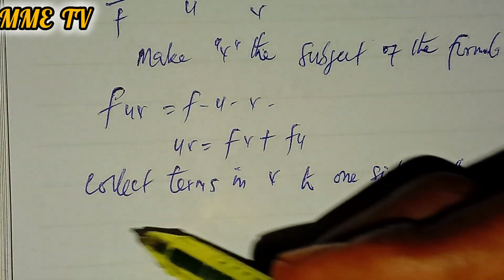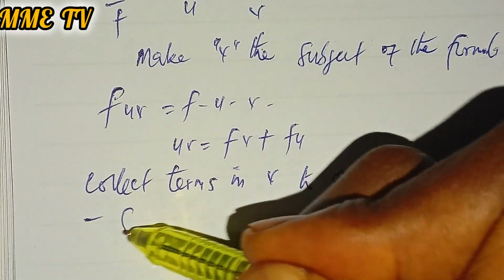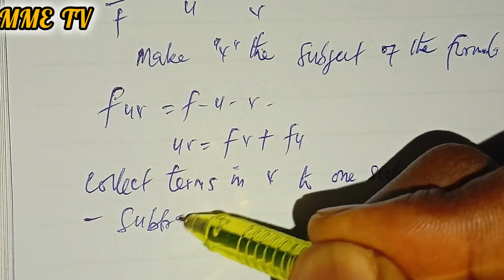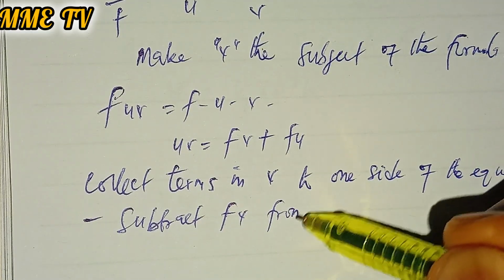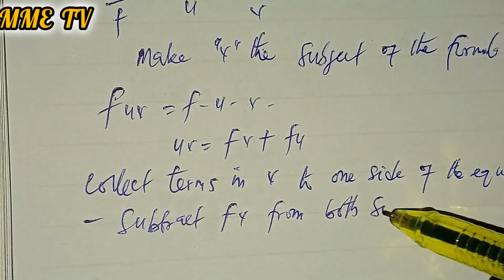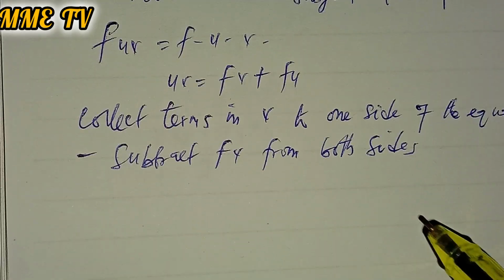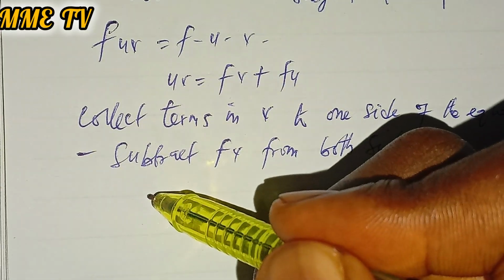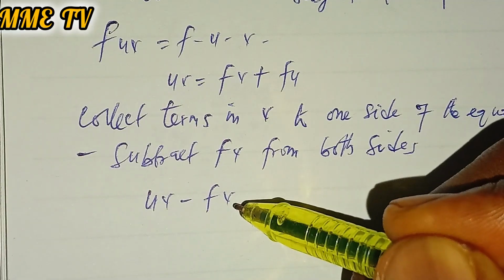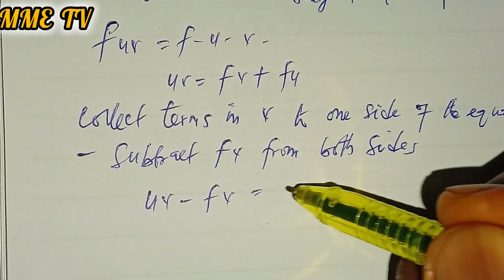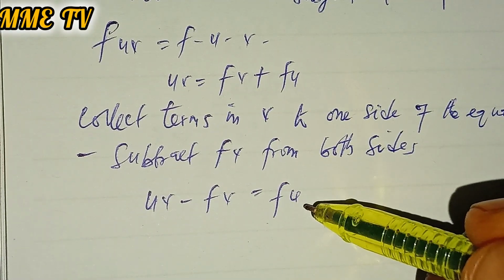In this case, by doing this, you are going to subtract FV from both sides, meaning that we'll be having UV minus FV, which is equal to FU.